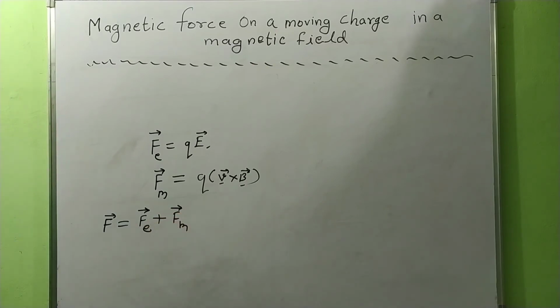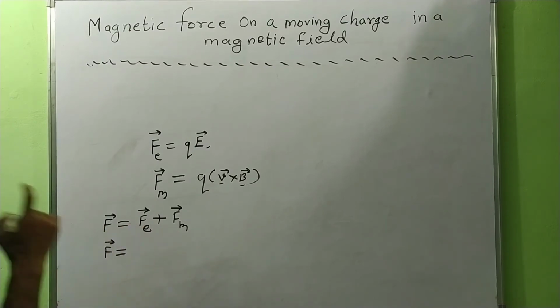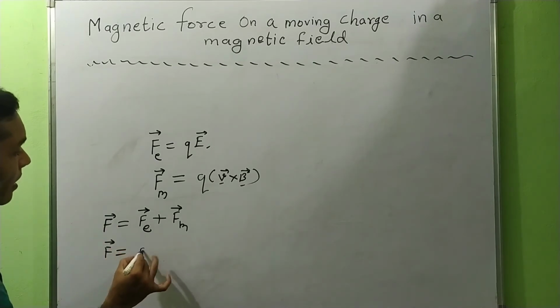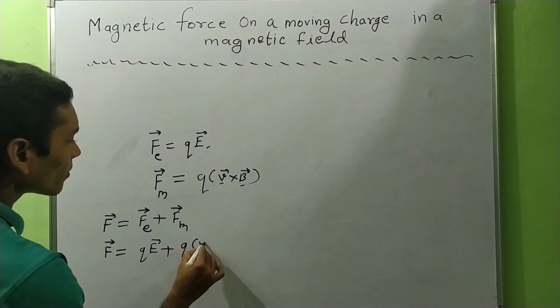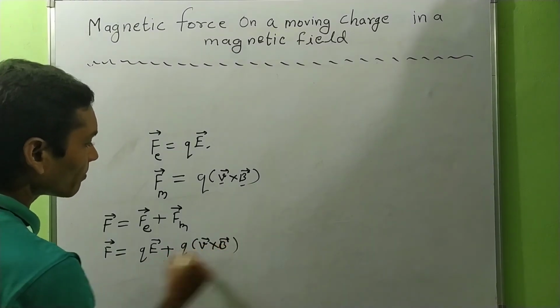On putting the values of Fe and Fm from our equations, it will be q vector E plus q vector v cross vector B.